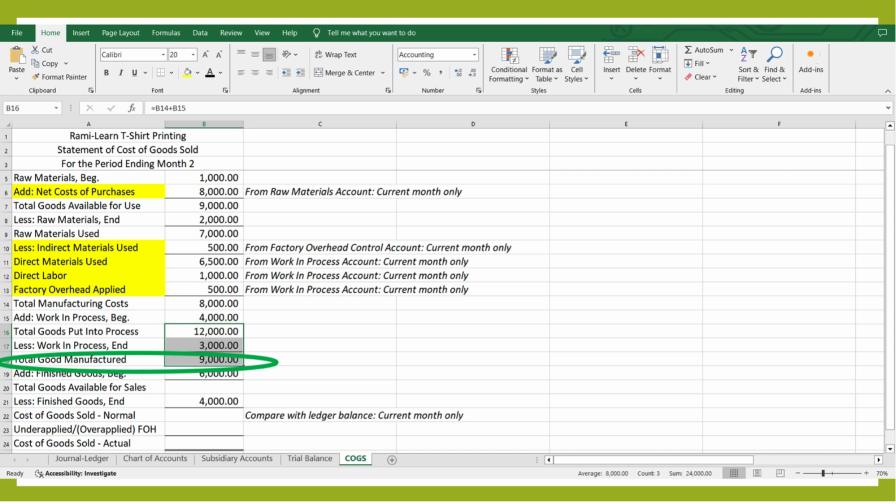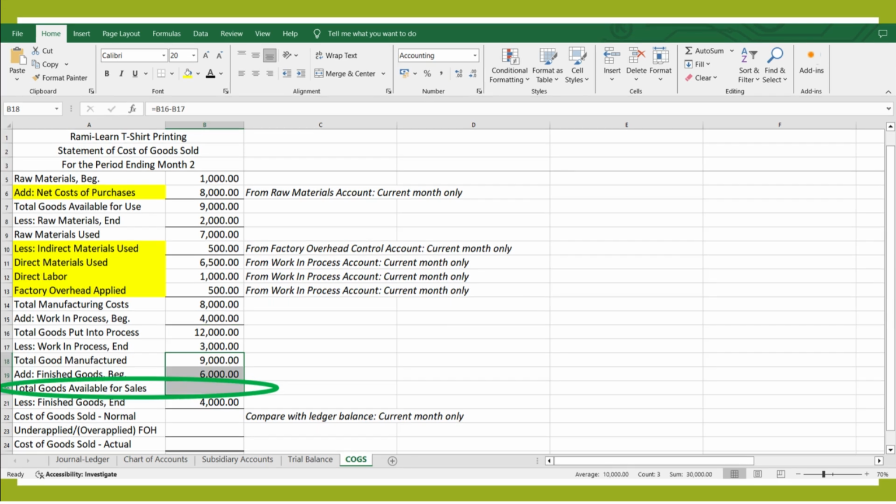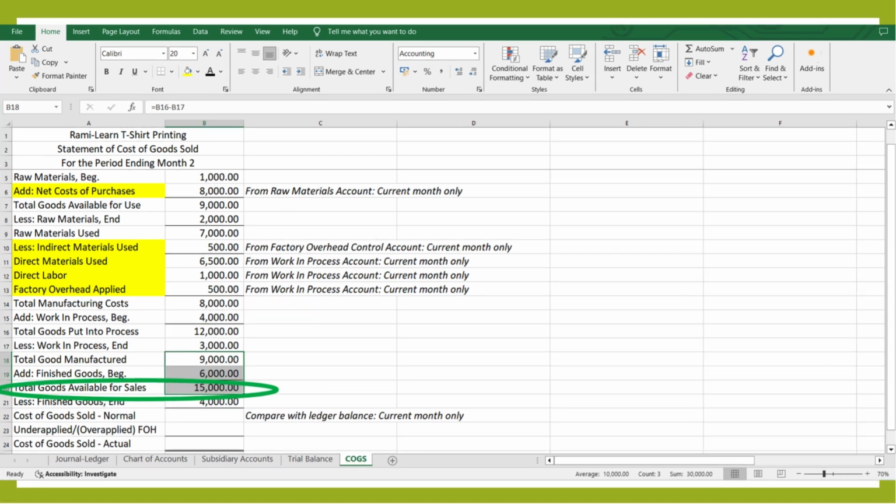Thus, 12,000 pesos minus 3,000 pesos equals 9,000 pesos. Total goods manufactured plus finished goods beginning equals total goods available for sale. Accordingly, 9,000 pesos plus 6,000 pesos equals 15,000 pesos.